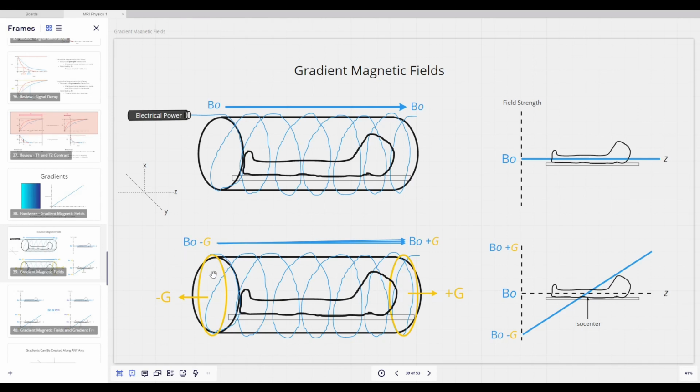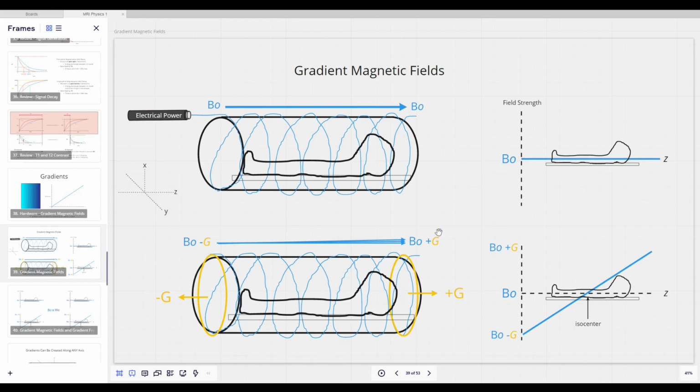In this case, I've chosen to align them in an anti-parallel direction and a parallel direction with respect to that resting magnetic field that we had to start with up here, right? So if our resting magnetic field is going this way, one of those gradient coils will create a field that is going opposite it, and one of those gradient coils will create a field that's going with it.